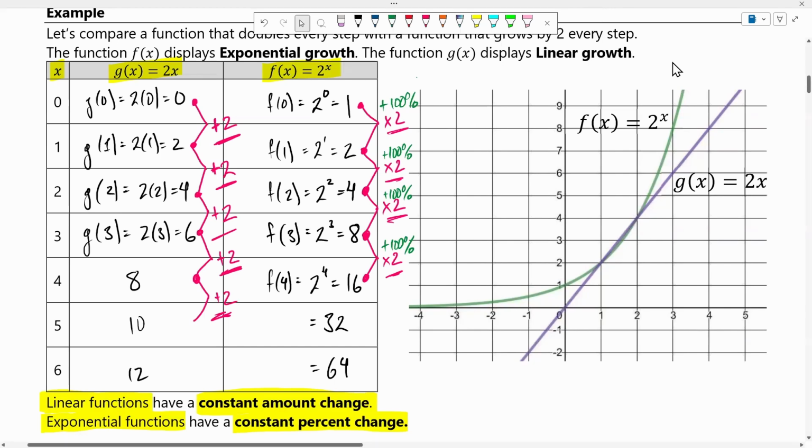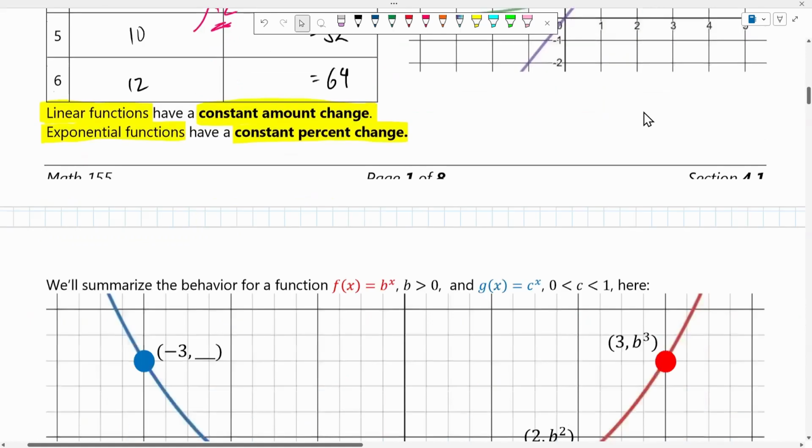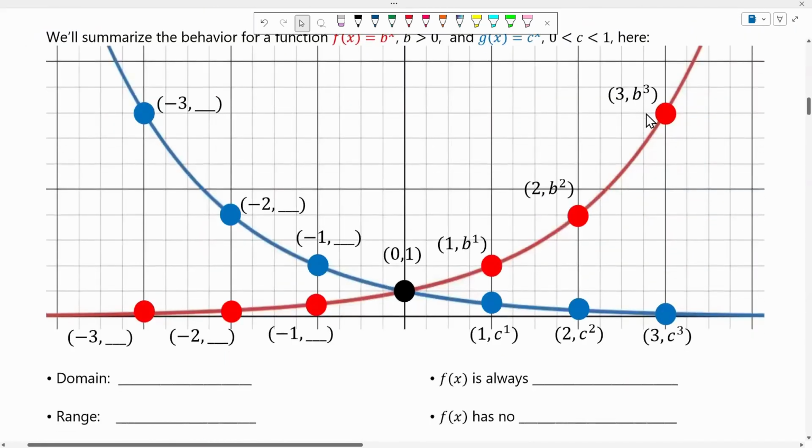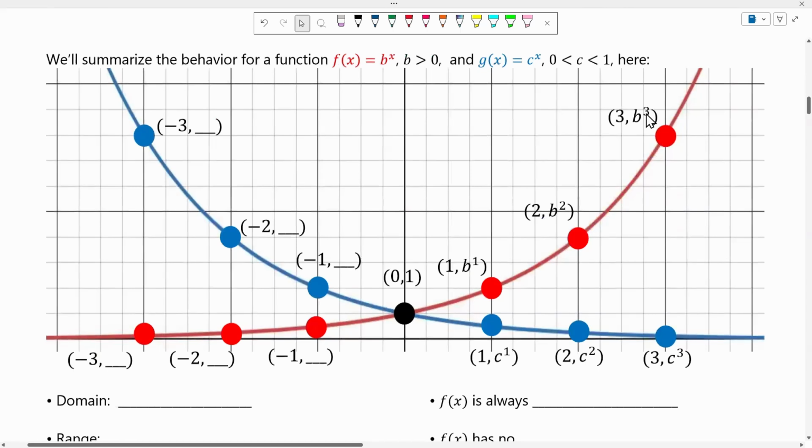Moving on, I want to do some stuff with the graphs. So we have 2 graphs here. There is the red one. The red one deals with this.